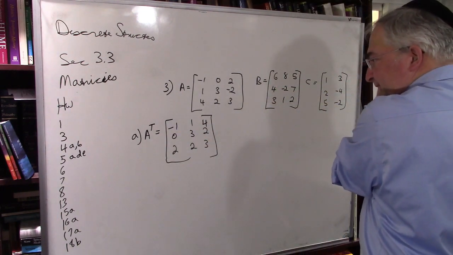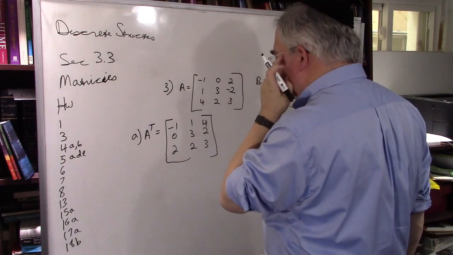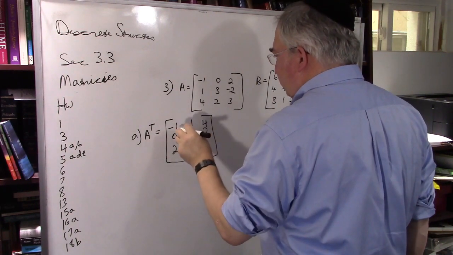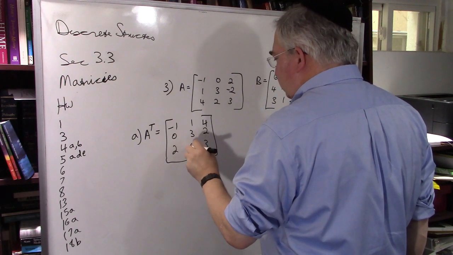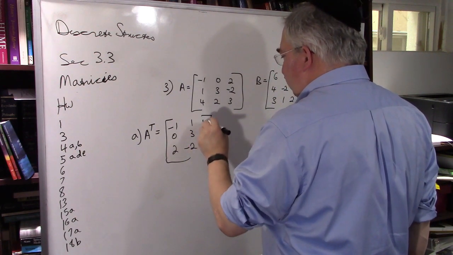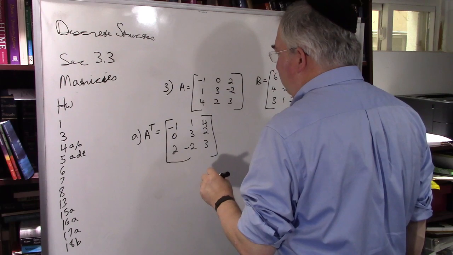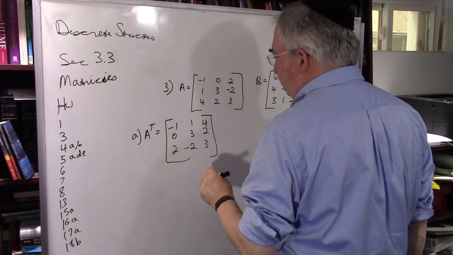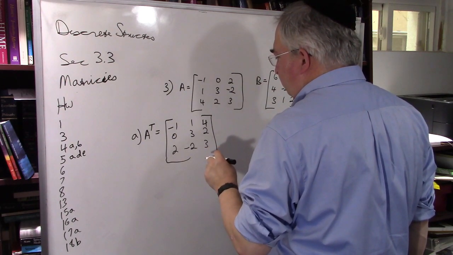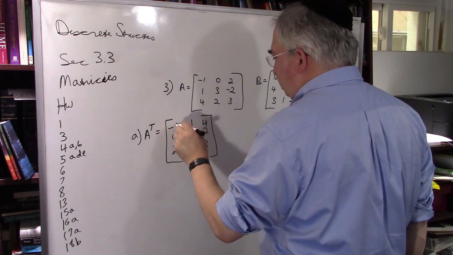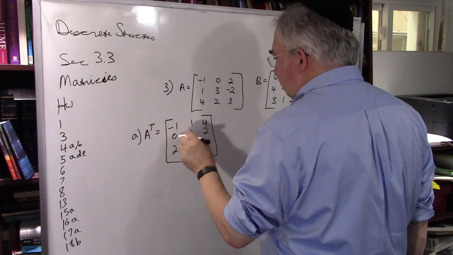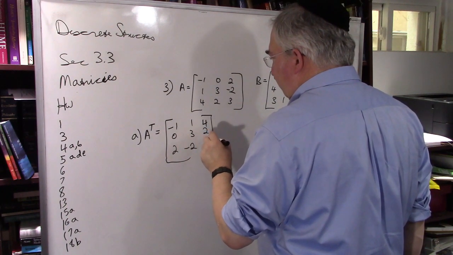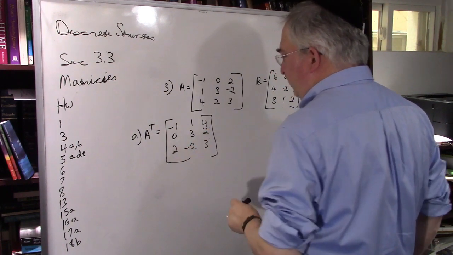Okay. Let's just make sure we did that right. Minus 1, 0, 2, 1, 3, and 2. Minus 3, minus 2, and 4, 2, and 3. Yeah, I think that's right.